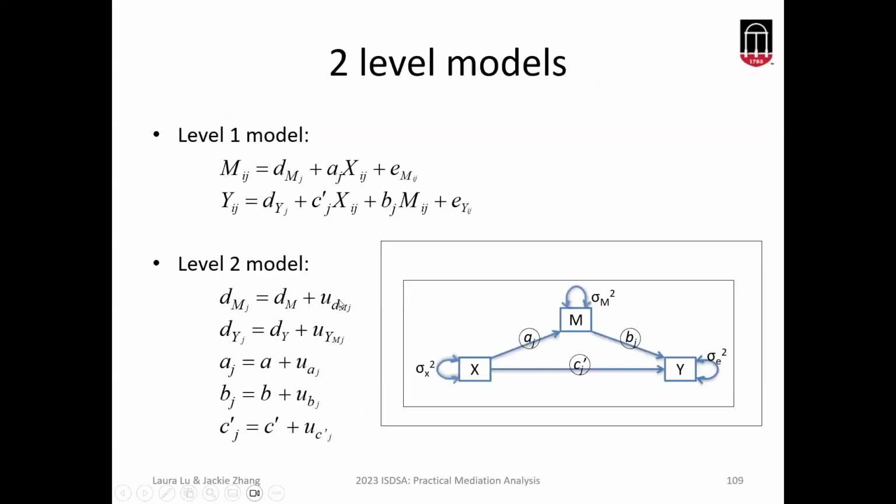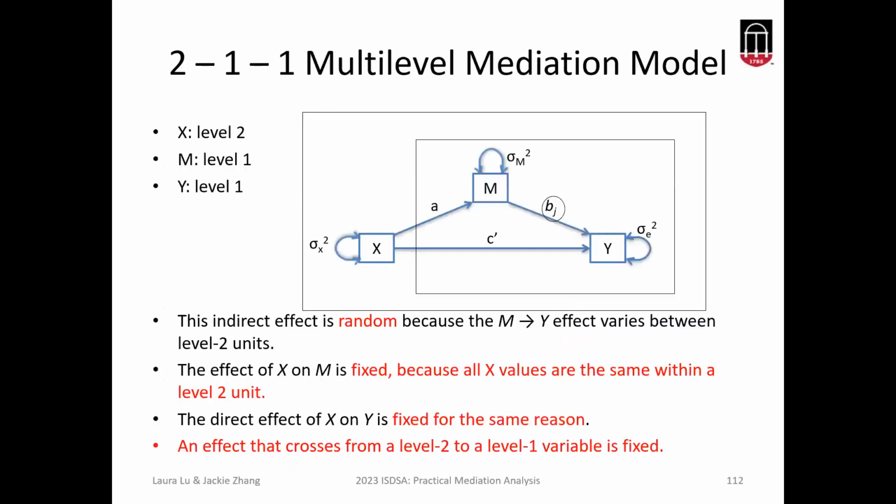That is one case in multilevel mediation, but we have some other examples. For example, in this case, the X is located at level 2 instead of level 1. So this is another case. In this case, A should be constant because the X value is constant within each level 1 unit, because X is level 2.